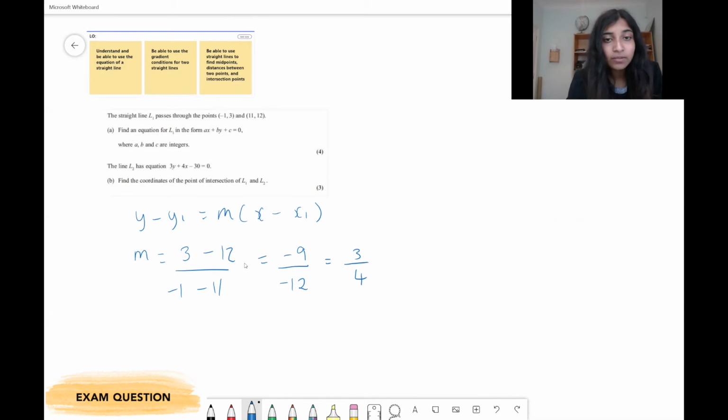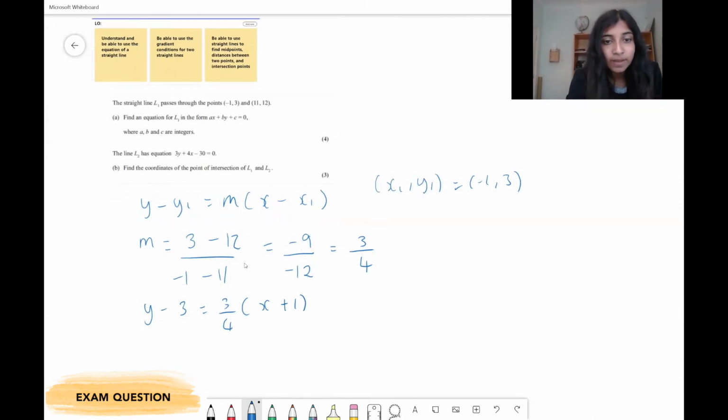Now we can plug in the values using x1, y1 equal to -1 and 3. Then we would have y minus 3 is equal to 3 over 4 times x minus -1, so x plus 1. Then if we expand everything, we get y minus 3 is equal to 3/4 of x plus 3/4.